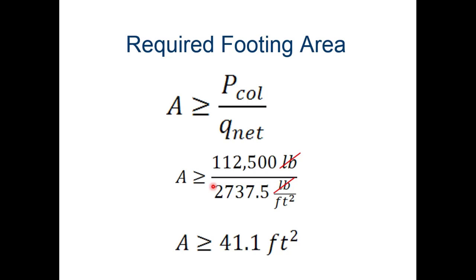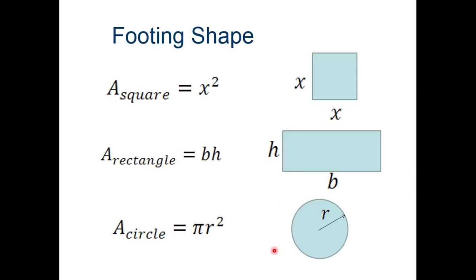If your soil capacity happened to be 3,000, well, then you're going to have this exact number. If it wasn't, you'll have a slightly different number. Then finally, the whole punchline is the area of our footing needs to be greater than or equal to 41.1 square feet.